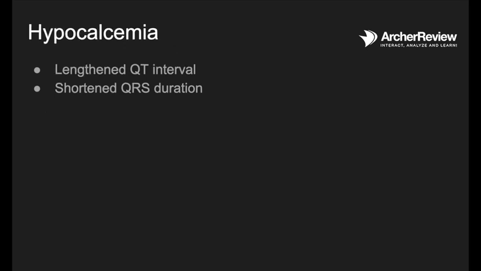And on the flip side, if you don't have enough calcium, hypocalcemia, instead of a decreased QT, you will see a lengthened QT interval. And instead of an increased QRS, you will have a shortened QRS duration. So exactly the opposite of the changes we saw with too much calcium. Too little calcium, lengthened QT, and a shortened QRS duration.